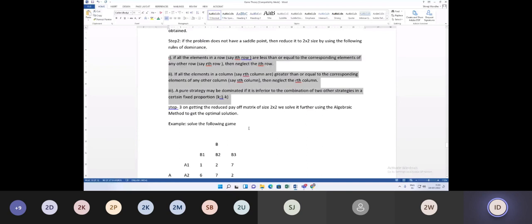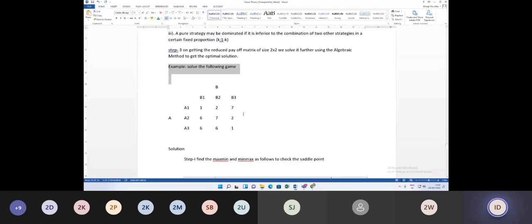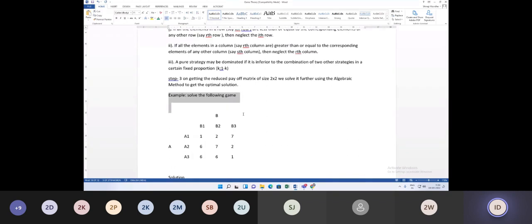Example of this game, note down, come on, fast. Solve the following game. There are A player, B player, A1, A2, A3, B1, B2, B3 strategies. There are more than 2 strategies. Note down the problem. Come on, very fast. With the help of the problem only you will understand the dominance rule. It's very simple.